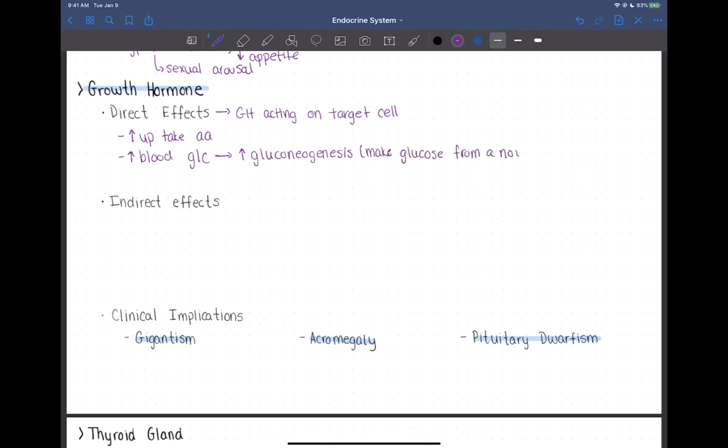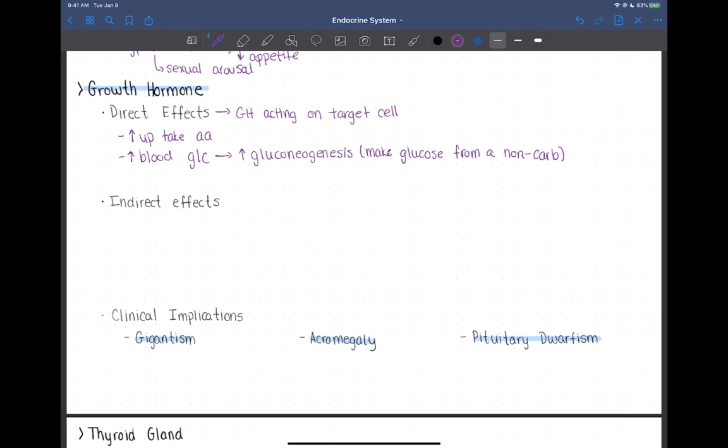You can make glucose from amino acids, from fats. You can make it from many different organic molecules, okay? And when you do that, that's referred to as gluconeogenesis. So making new glucose from something that wasn't a carbohydrate.